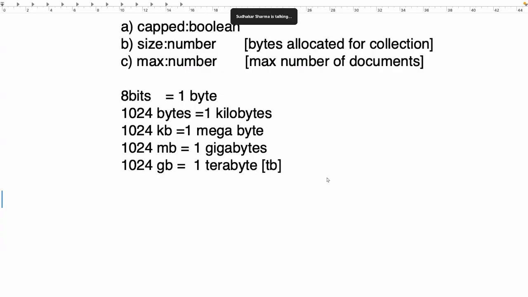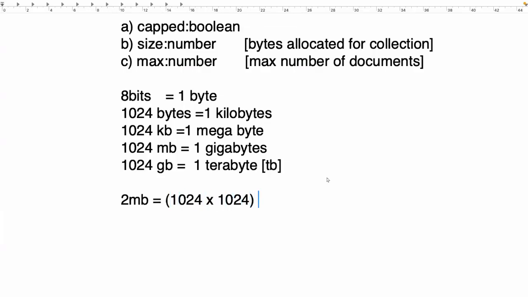So you need to mention it in this way. Size must be mentioned in bytes only. Even if you want to calculate 2 MB, what do you have to do? 1024 into 1024 is actually 1 MB.